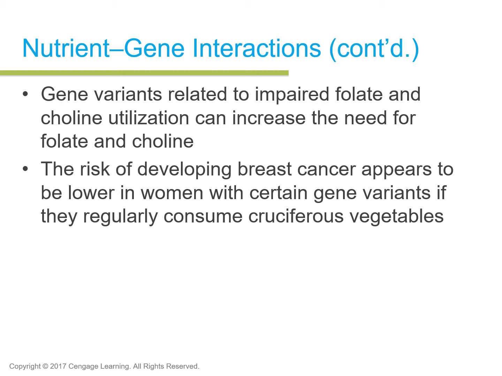Let's talk about these cruciferous vegetables. These cruciferous vegetables include vegetables such as broccoli, Brussels sprouts, cauliflower, kale, just to name a few. They're called cruciferous because they have a crisscross-like pattern in their leaves when they're growing before they harvest, like a crucifix kind of pattern.